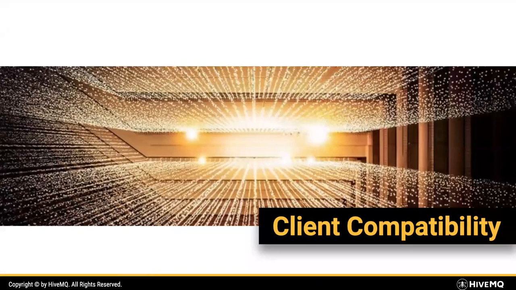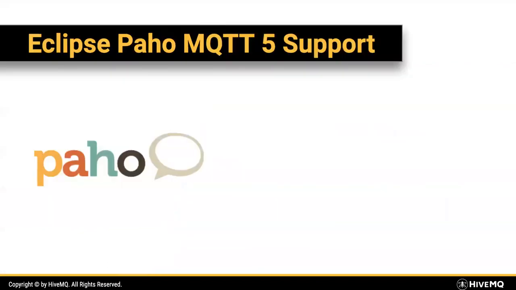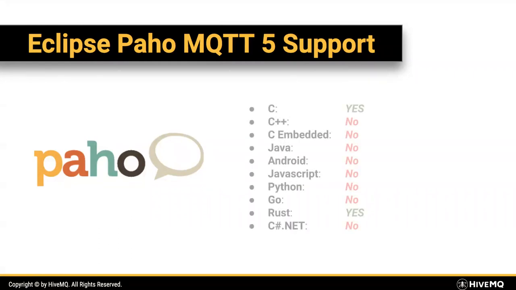Client compatibility. So basically there is not a lot of competition when it comes to MQTT clients. So in the open source space, there's the Eclipse Paho project, which has production ready clients for all languages you can imagine. And let's look at what they support now. So the bad news is most of the libraries haven't had a release yet which is production ready for MQTT 5.